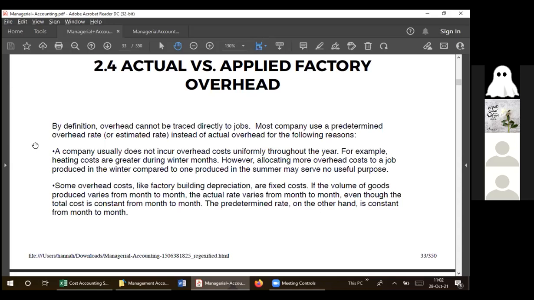Second reason is some overhead costs like factory building depreciation are fixed cost. So since depreciation is fixed cost as allowed by the government, what the government tax rules do is they will allow every business to charge depreciation on their equipment for the year, and they will have a cap on that. So for example, the government will say that you can apply 20% depreciation per year or 15%.